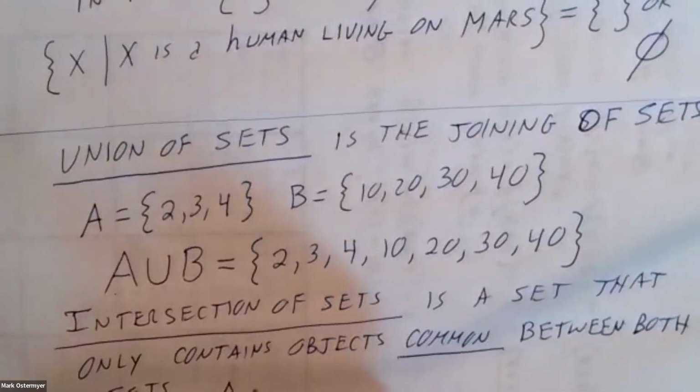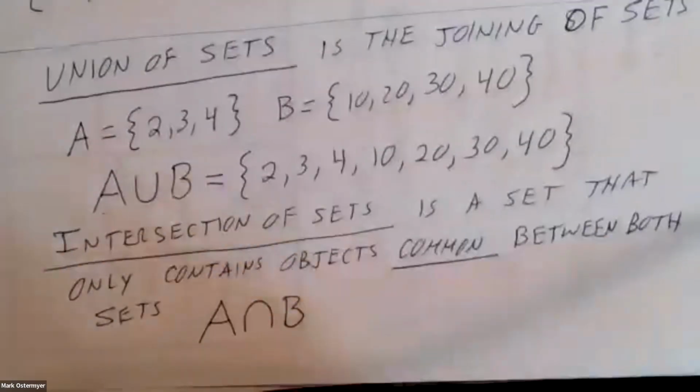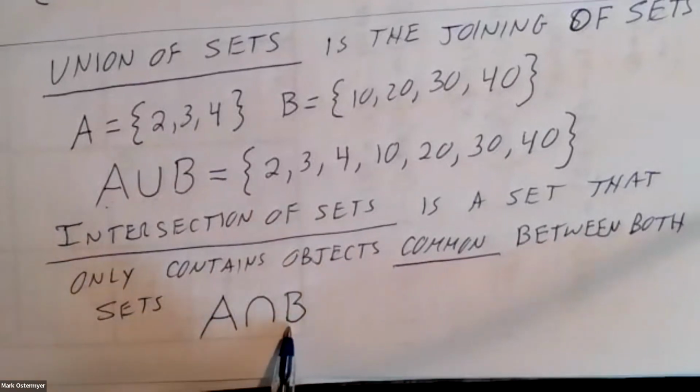And the intersection symbol, ladies and gentlemen, is the upside down U. So we read this as A intersect B, or the intersection of sets A and B.